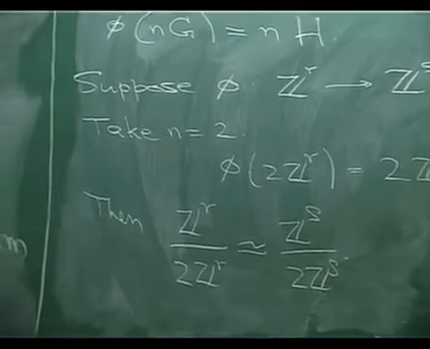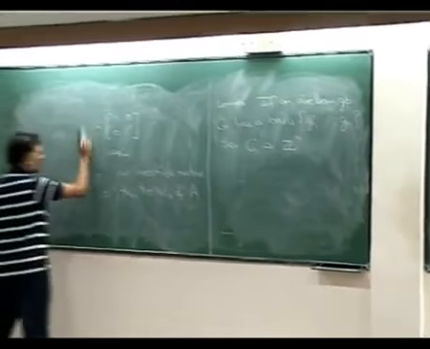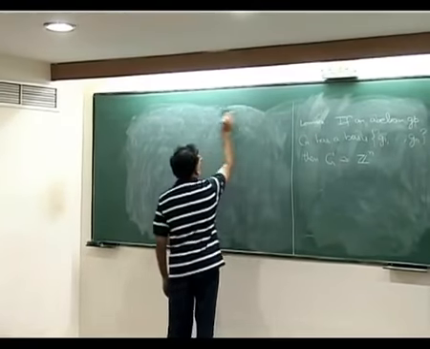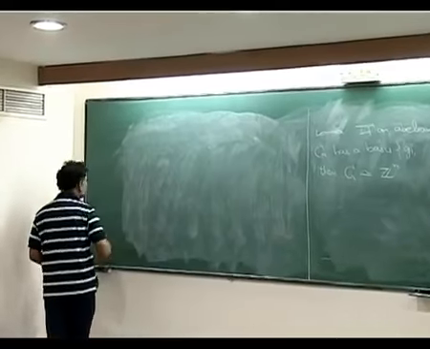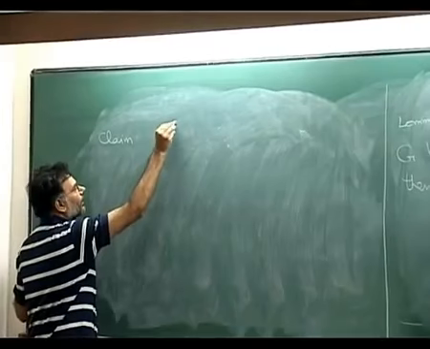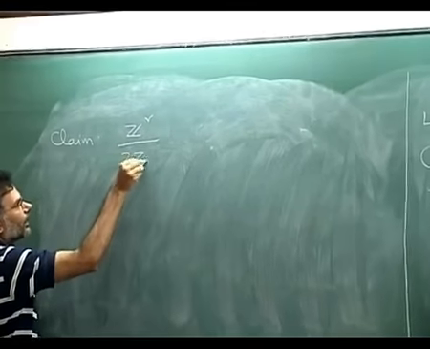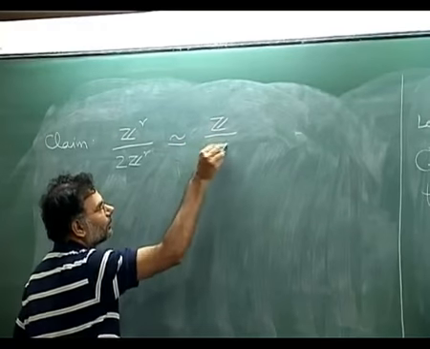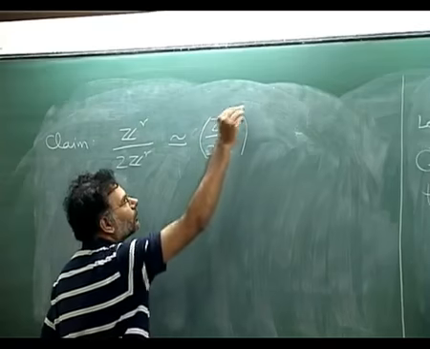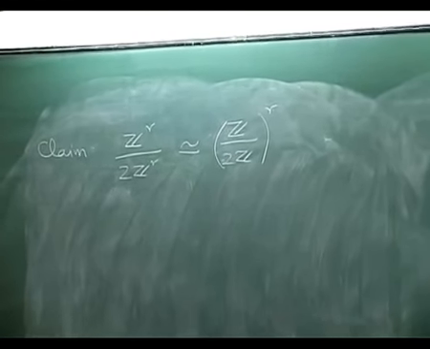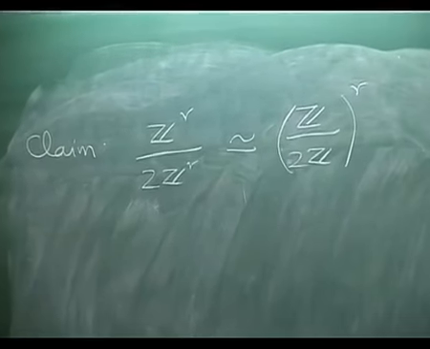Now let me try to analyze what exactly is Z to the R mod 2Z to the R. Claim: Z to the R mod 2Z to the R is isomorphic to Z mod 2Z to the power R. Whenever I write power R, I just mean a direct sum of R copies.